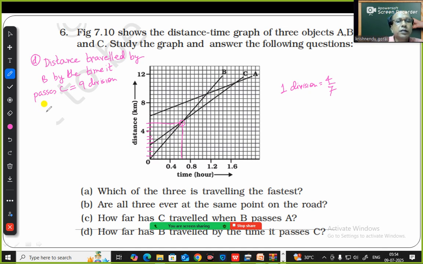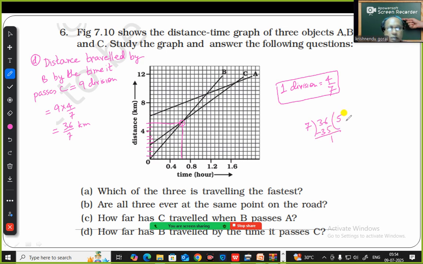9 into 4 by 7, that is 36 by 7 kilometer. If we divide 36 by 7: 7 5s are 35, remainder 1.